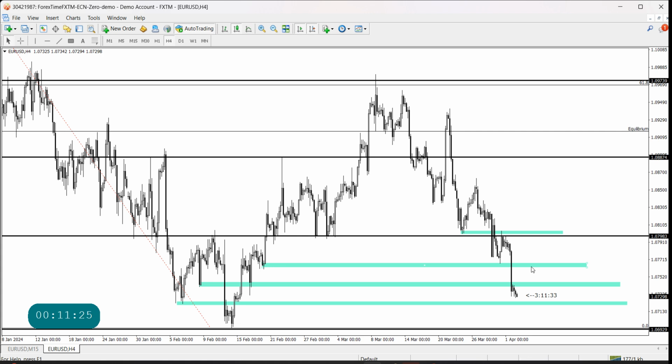So in the 4 hour, you have liquidity to grab from here, about 8 to 9 pips, before it gets to the last order block on this move. News wise, oh, I forgot, news wise this week we have NFP.